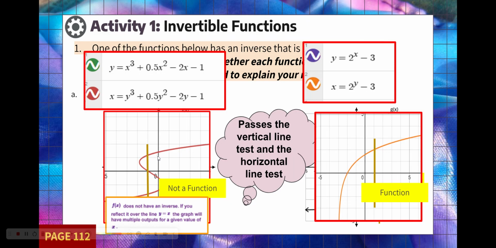So for one x, there's a lot of y values that will reflect. Alright? Now, for the second one, function g does have an inverse. If you reflect it over the line y equals x, the graph will only have one output for any given value of x. As what I said, it's a one-to-one function. Question?